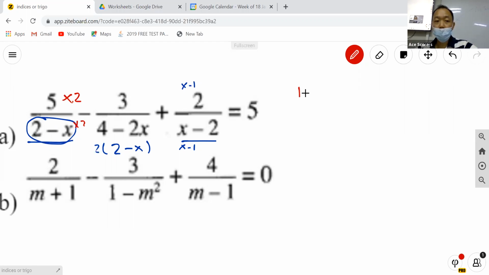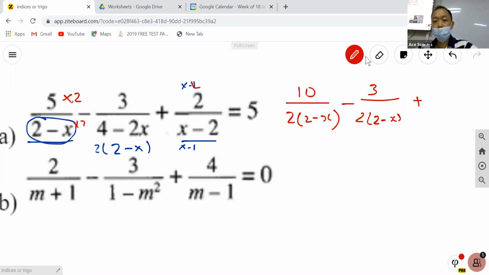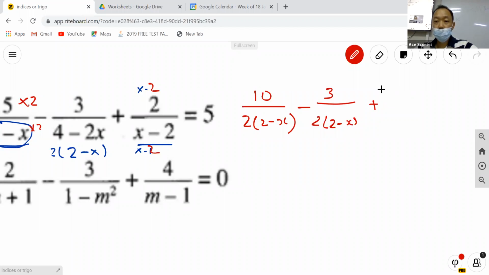When I times 2, I get 10 over 2 times (2 minus x), take away 3 over 2 times (2 minus x), plus, here I don't just need to times -1, I need to multiply with a -2. -2 times -2, and end up with minus 4 over 2 times (2 minus x) equals 5.